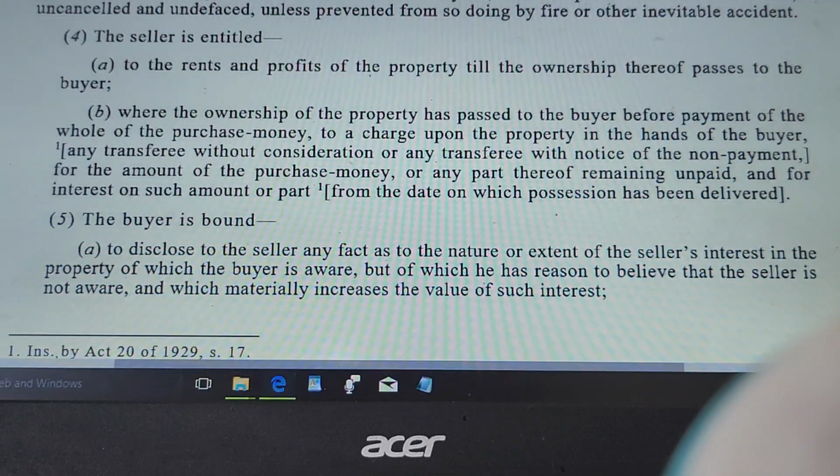The seller is entitled A. to the rents and profits of the property till the ownership thereof passes to the buyer.